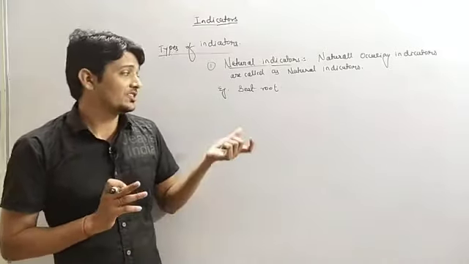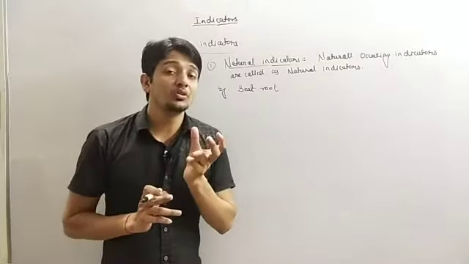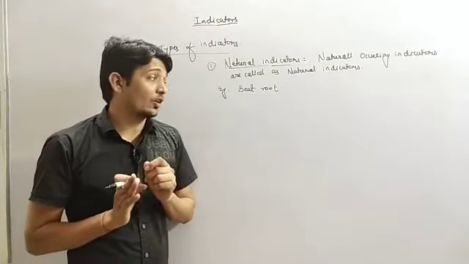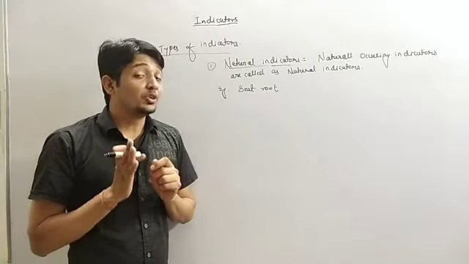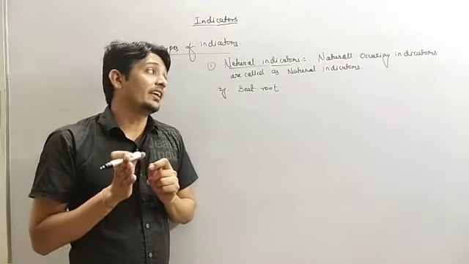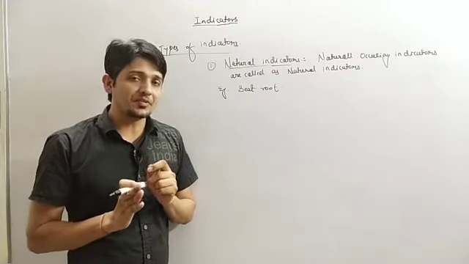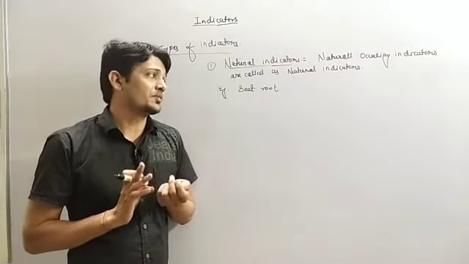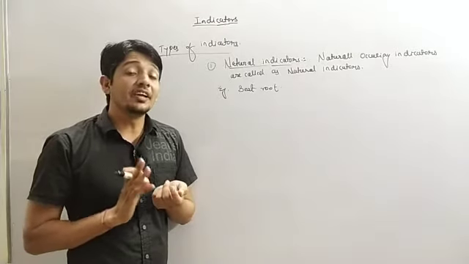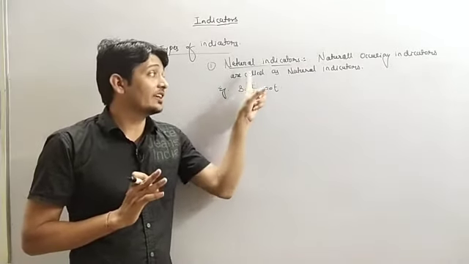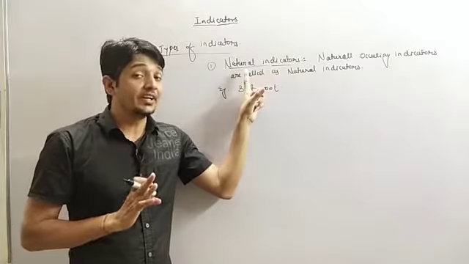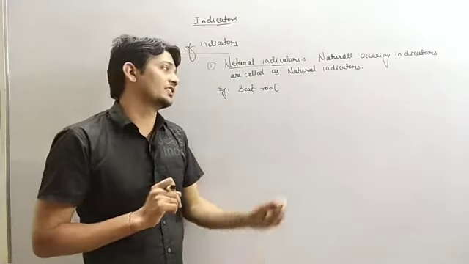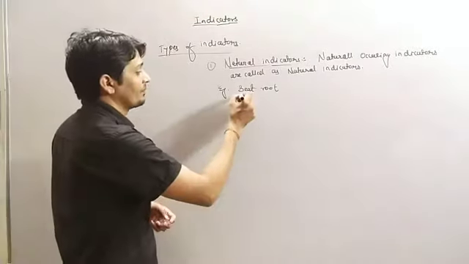Such substances which show whether a substance is acidic, basic or neutral are called indicators. But these indicators are present in our nature already, so such indicators are called natural indicators. So we have the beetroot.